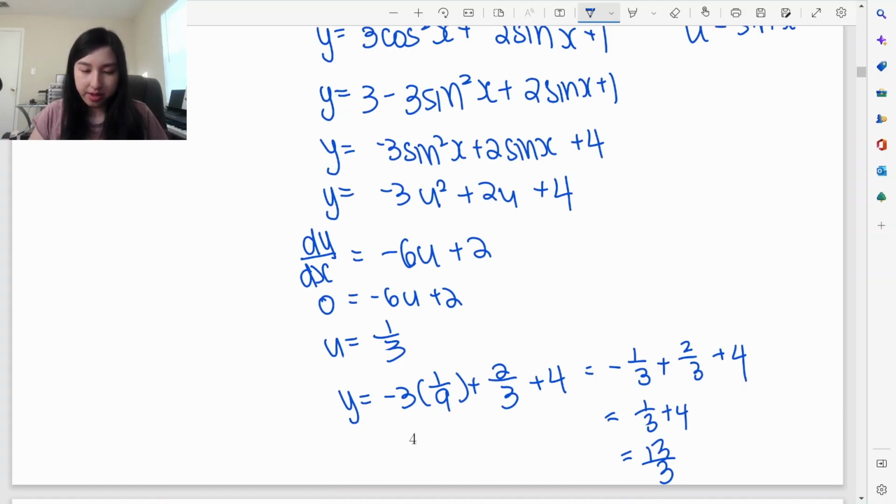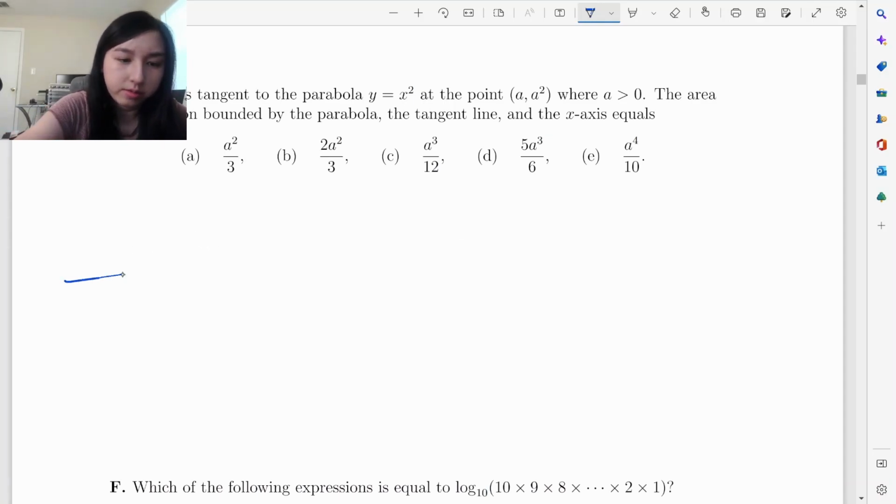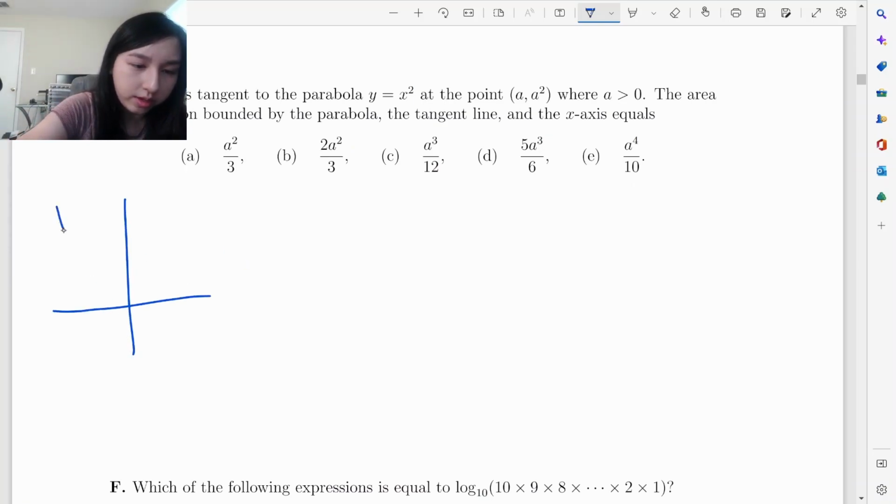Alright, let's look at the next problem. A line is tangent to the parabola at this point, and we want the area of the region bound by the parabola, the tangent line, and the x-axis. So this graph should look like this.